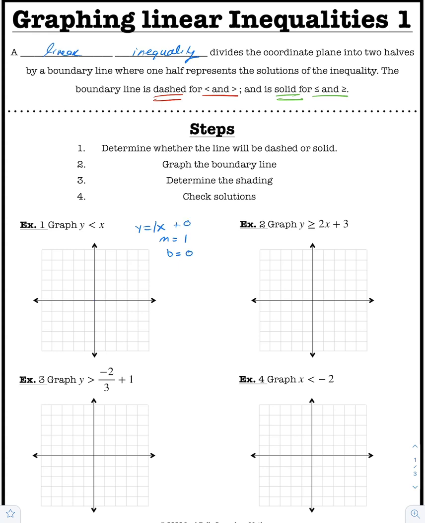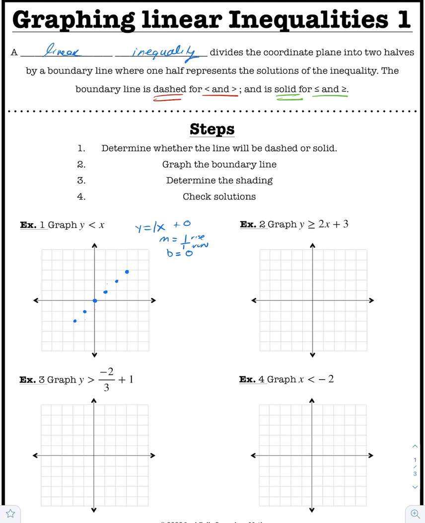So we're going to start right here at our y-intercept, which is 0, and then plot other points using our slope. If our slope is 1, then our rise over run is 1 over 1. So we go up 1, right 1, up 1, right 1, up 1, right 1. Or we can go down 1, left 1 to go in the other direction.